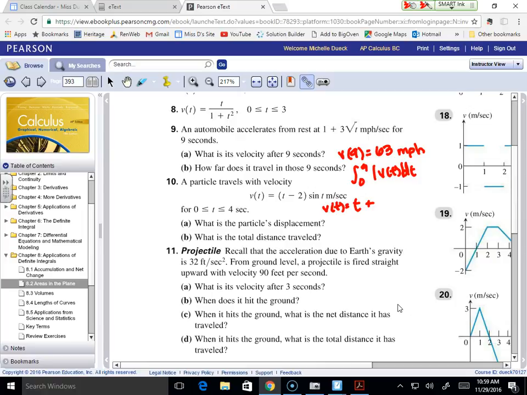Integral of 1 is just t. Integral of 3t to the 1/2 is t to the 3/2, divided by 3/2, which is 2/3, so 2t to the 3/2. But why was this clue so important? Does that make sense?